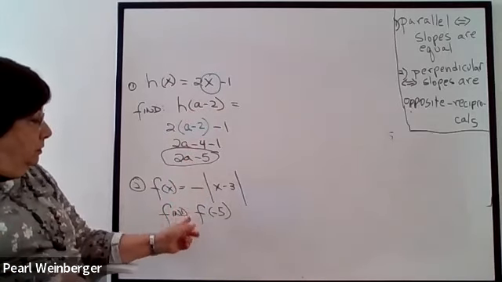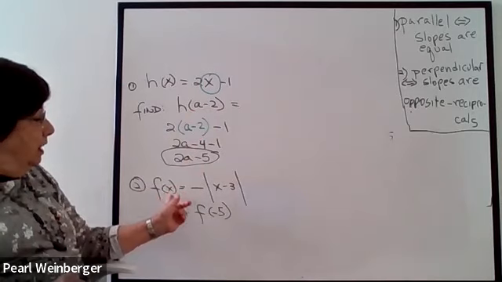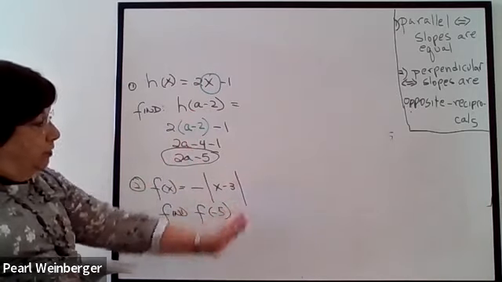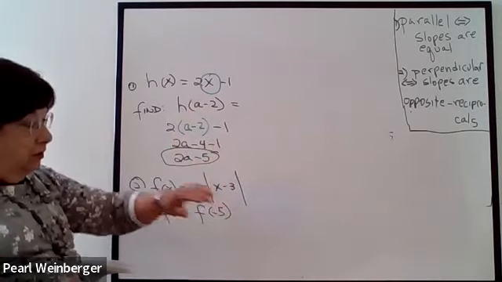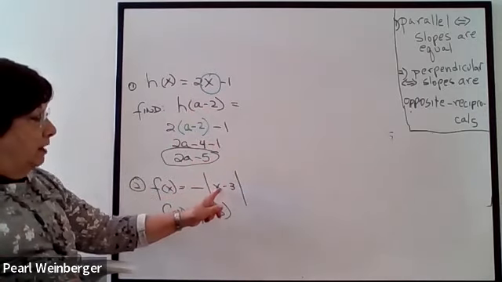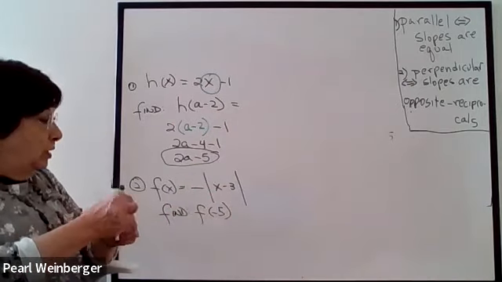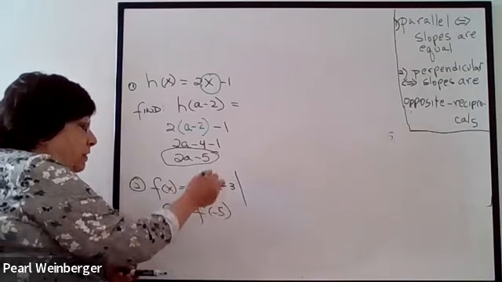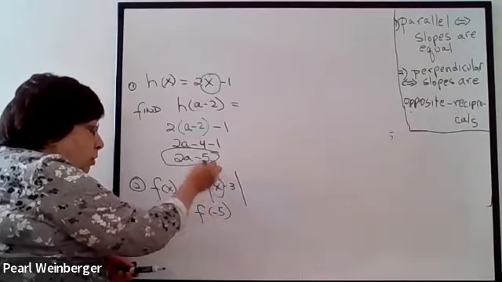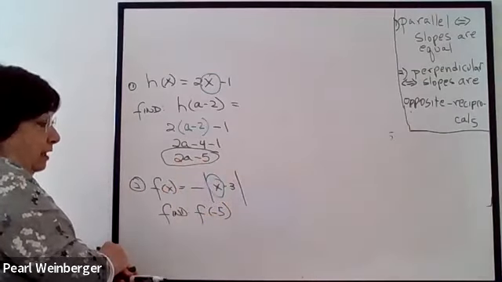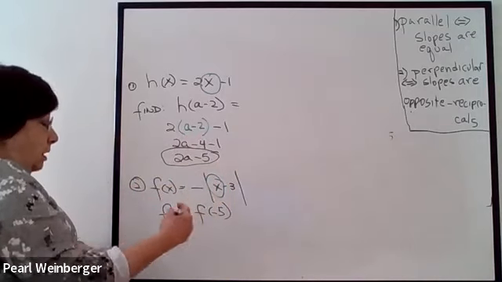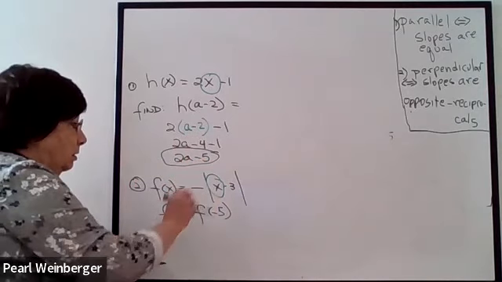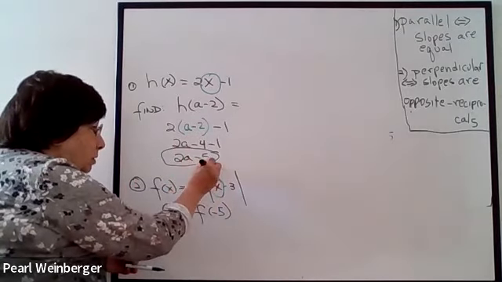What about this? This tells me that f of x is equal to negative the absolute value. Remember, these two lines are the absolute value of x minus 3. So what is that telling me? When I say find f of negative 5, it means go to wherever you have an x on that right side and replace it with negative 5.